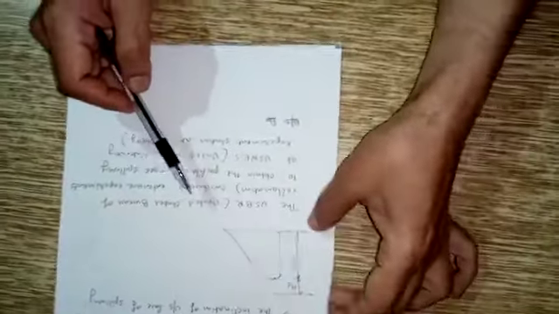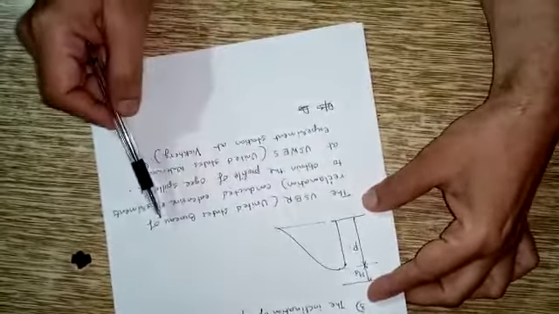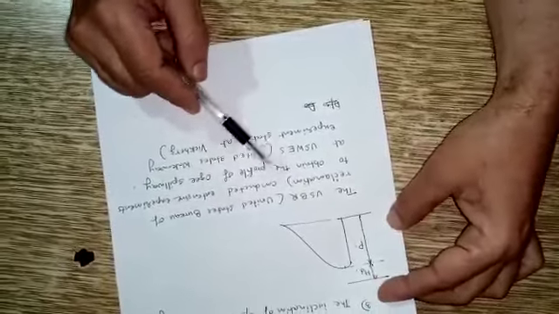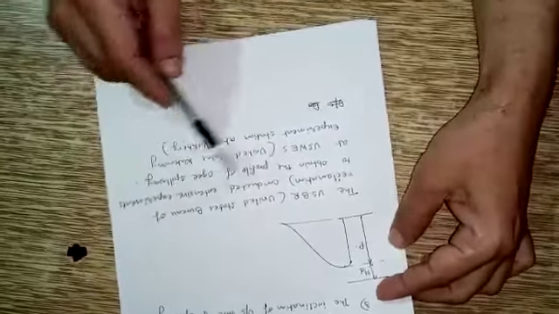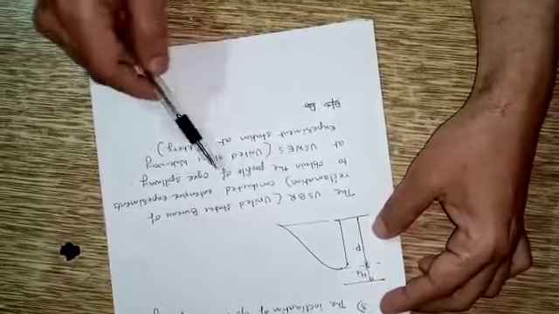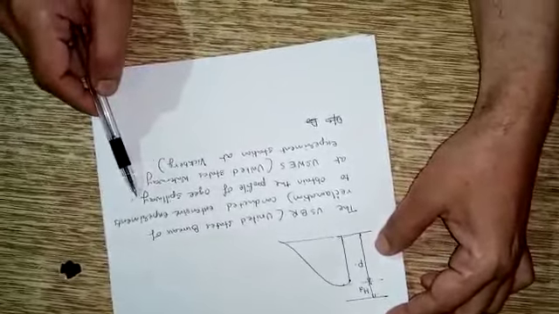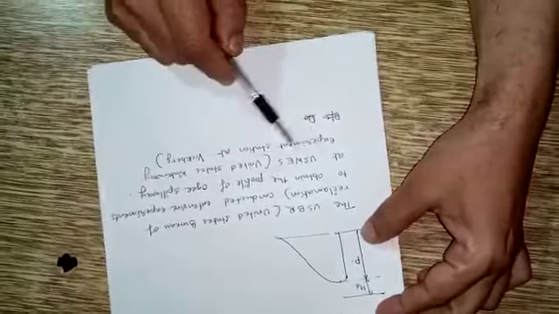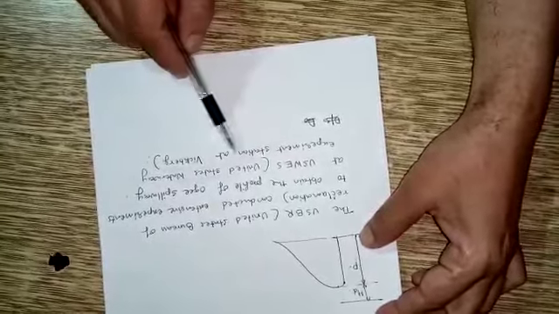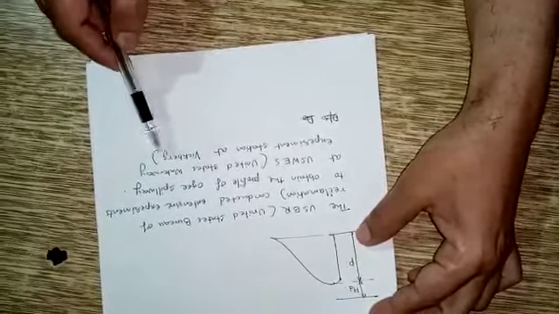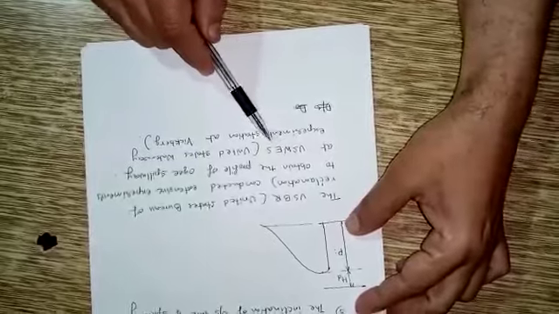Now, USBR, that is United States Bureau of Reclamation, conducted extensive experimental studies to obtain the profile of the ogee spillway at the United States Waterways Experiment Station at Vicksburg, known as USWES.